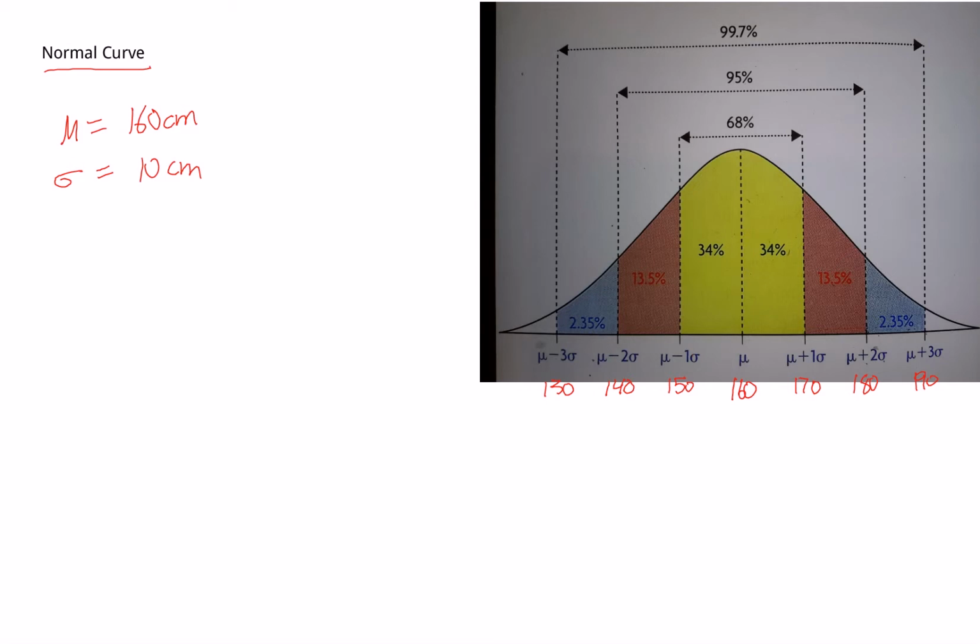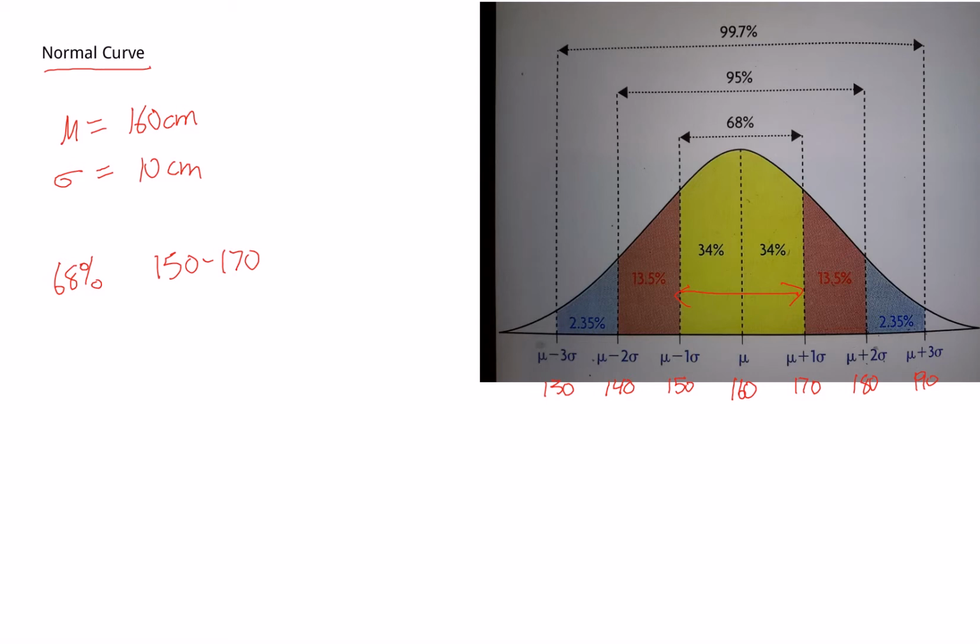So if the object's normally distributed, that means that the majority of our data is within 1 standard deviation. So you can see on the chart, if we go anywhere between -1 to 1 standard deviation, that means 68% of our data, approximately, will be between 150 to 170 centimeters tall.